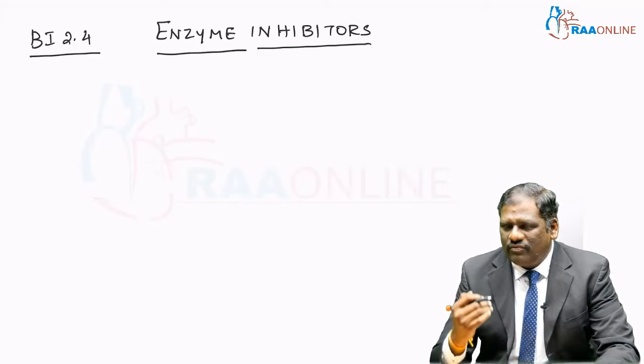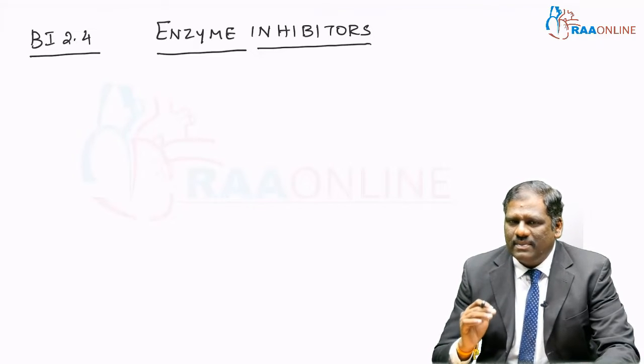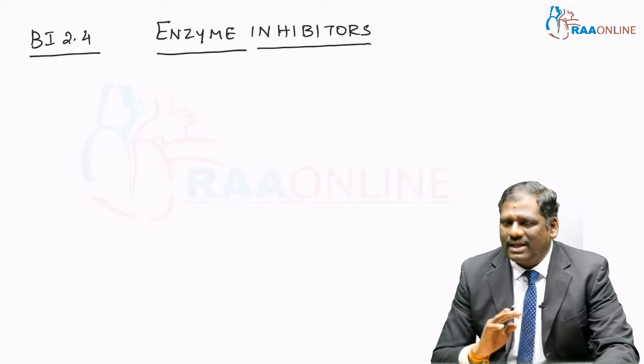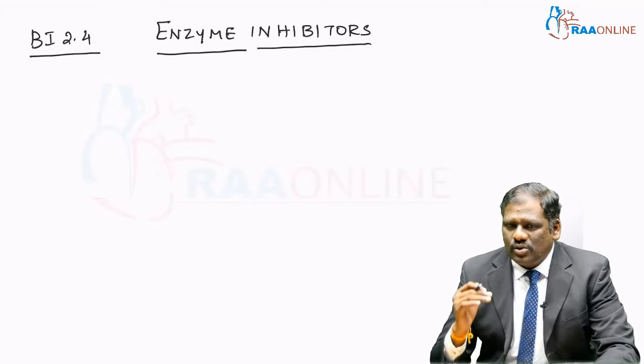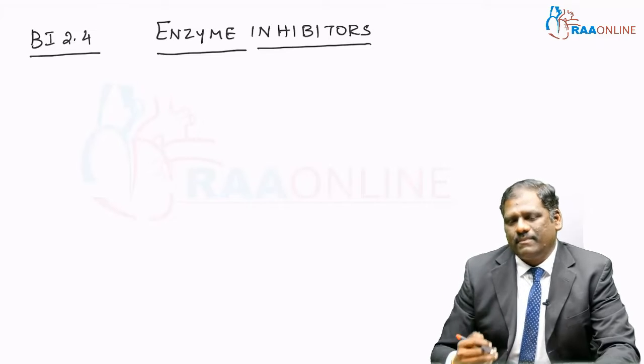So what is the role of inhibitors here? Inhibitors inhibit the function of the enzyme so that they inhibit the formation of product itself. This inhibitor can have various mechanisms of acting upon the enzyme.